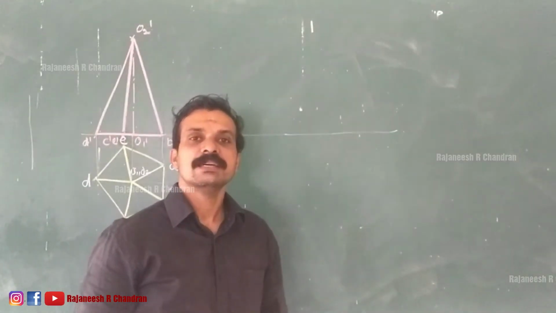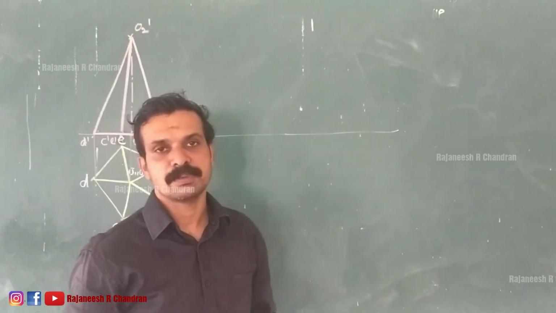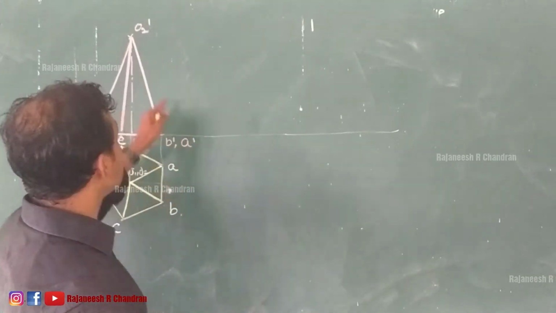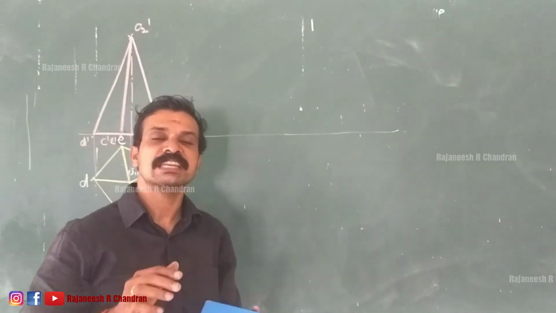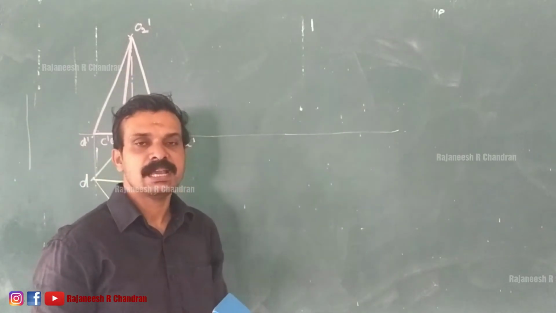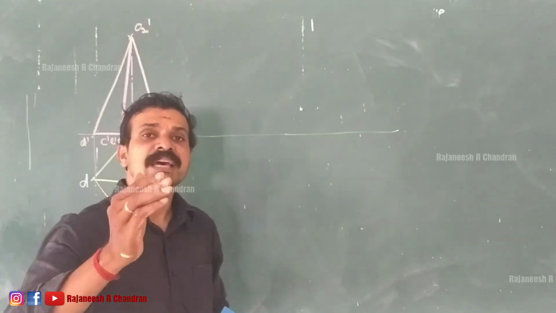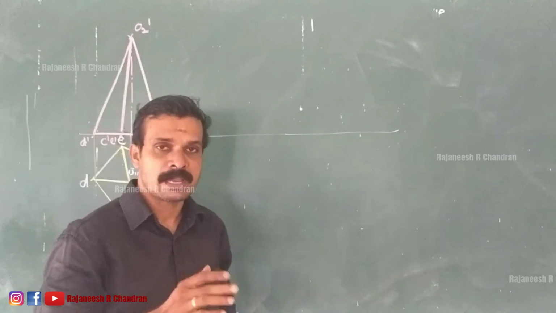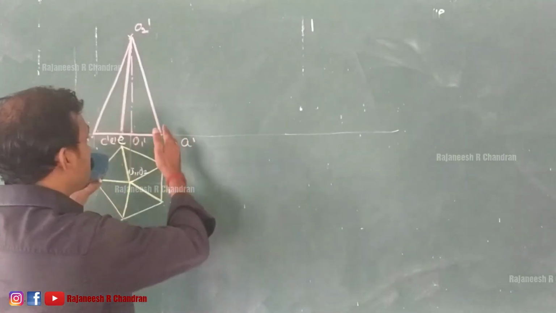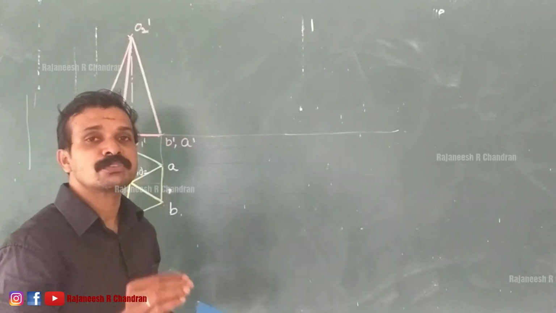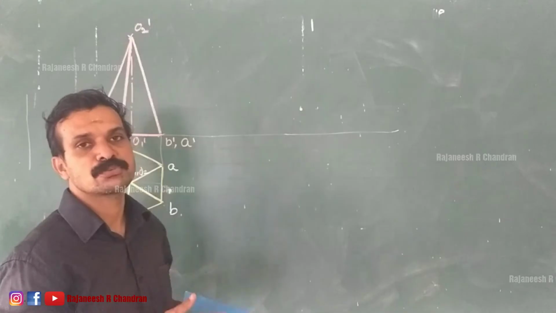Now it is given that the axis is inclined at an angle 30 degrees with HP. We know that the axis means O1 dash O2 dash, so O1 dash O2 dash is inclined at an angle 30 degrees. I have already told you the easier method: whenever the axis is inclined at a particular angle, the easiest method is to make the base of the front view at an angle 90 minus the inclination of the axis.